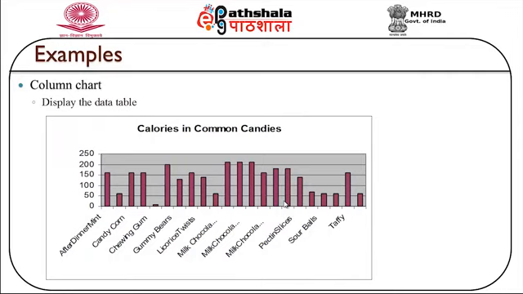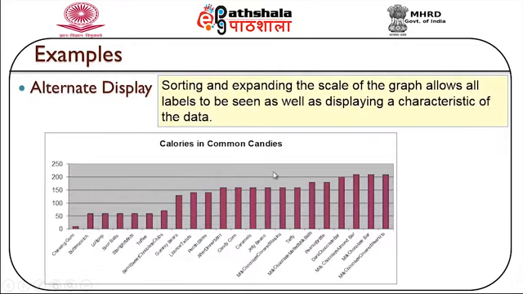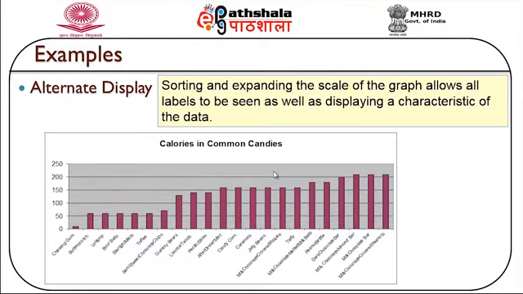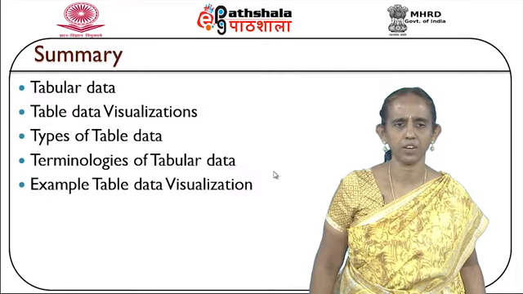So this displays the calories in the common candies, and this is a representation in the form of a bar chart. This is another representation in the form of a bar chart, which is also calories that are present in common candies, with sorting and expanding the scale of the graph, and allows all the labels to be seen as well as displaying a characteristic of the data.